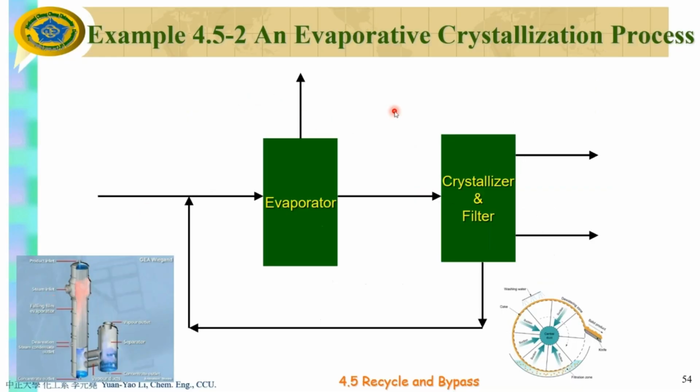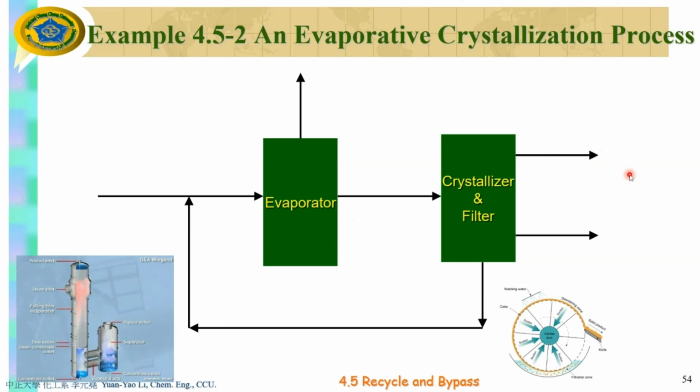This example tells us about a combination of the evaporator and the crystallizer, or filter. You have this in the first one, you have this in the second one. That's it. Then you have a recycle stream. Why? Because as you can see, water comes out, and you can recycle these streams, right?